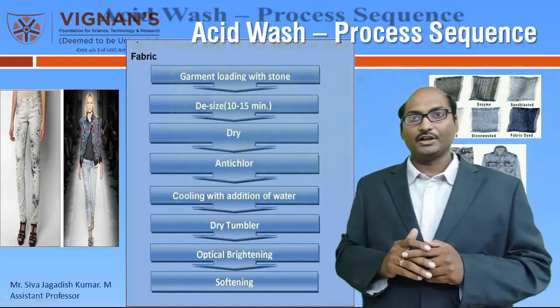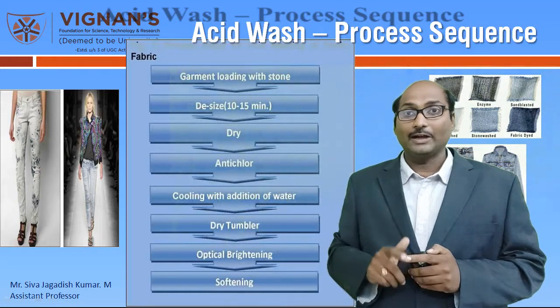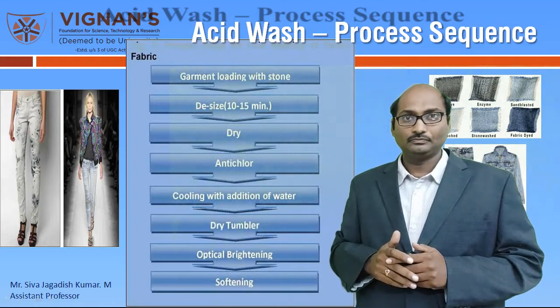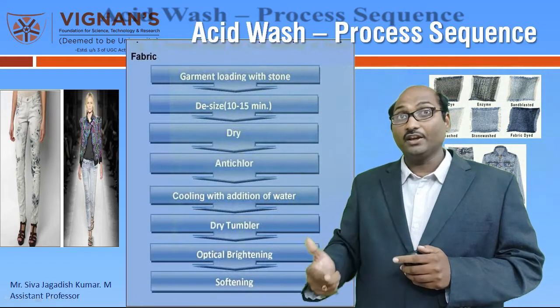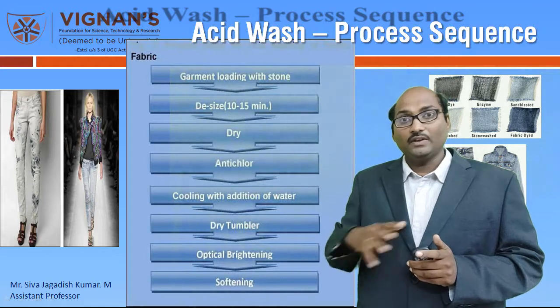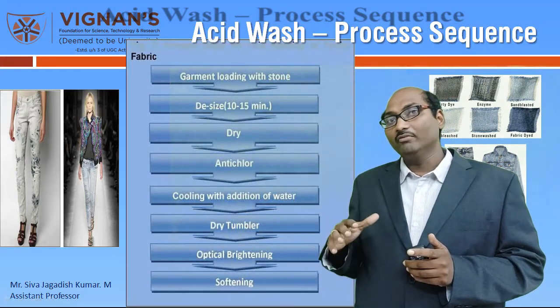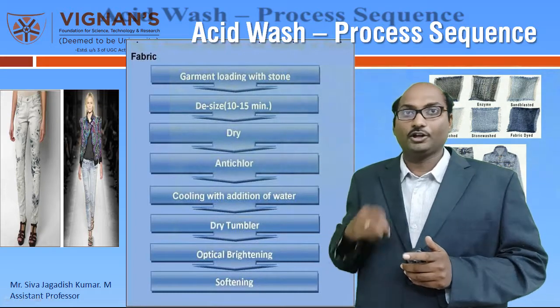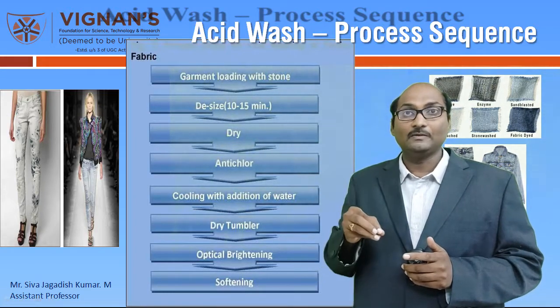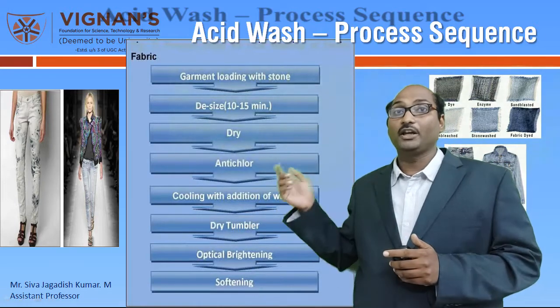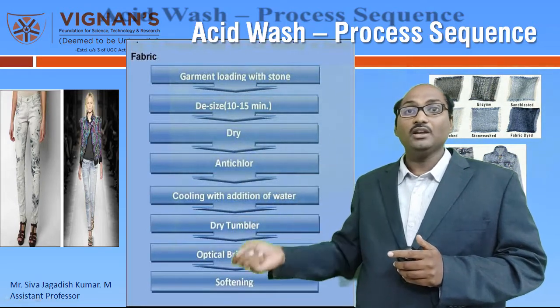So the desizing will take place, then drying, then anti-chlor, where chlorine is removed, then cooling with addition of water. Then a dry tumbler is used, then optical brightening, and then a softener.